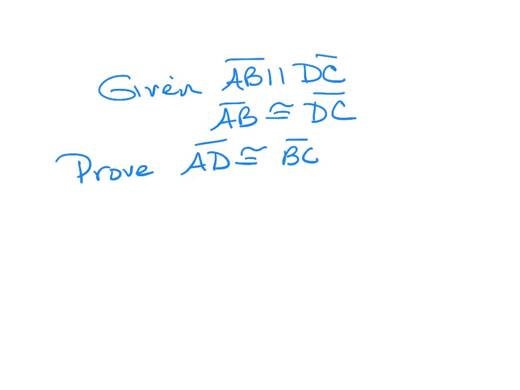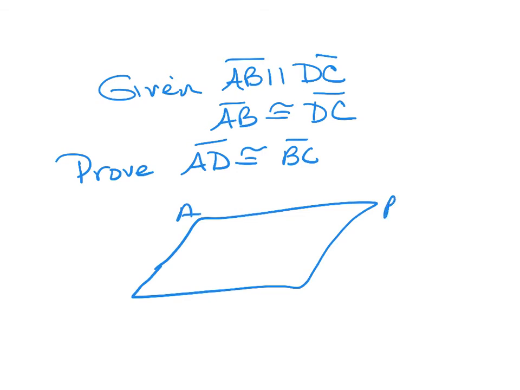Let me draw a picture here. So A, B, C, D. Let me go ahead and fill in my given. So I was given that AB is parallel to DC and that it was also congruent.